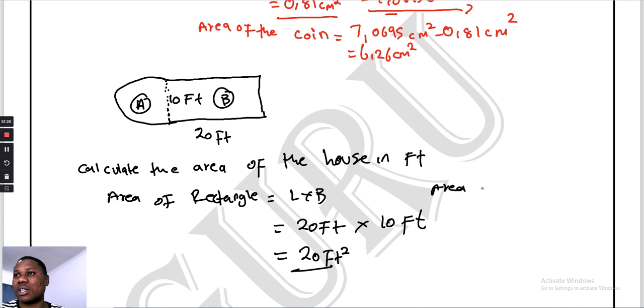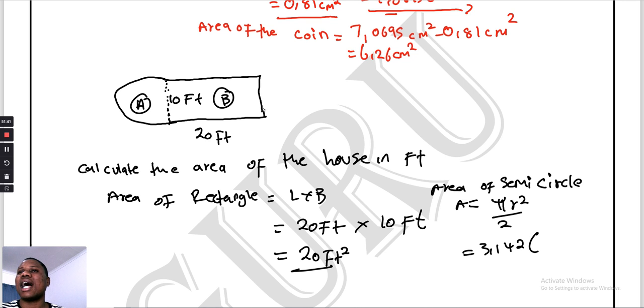Okay, then we will proceed to calculate the area of a semicircle, because now we are not given the full circle. The area of a semicircle. Okay, so we're going to say area is equal to pi r squared divided by 2, which is equal to 3.142. Now the question is, are we given the diameter or the radius here?